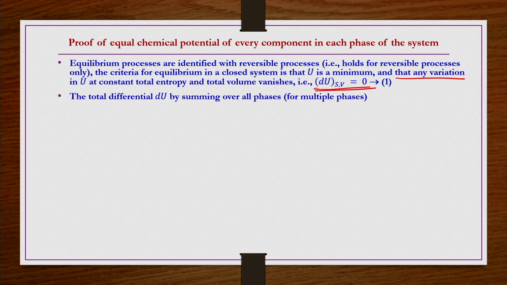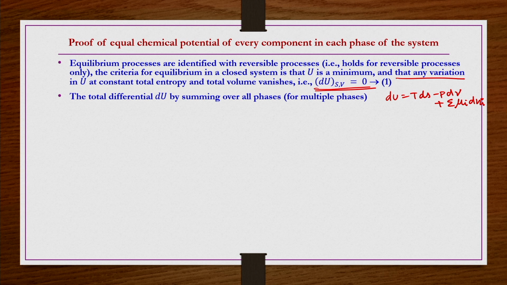The total differential dU is obtained by summing over all phases for multiple phases. Actually, for one single phase, what we have seen is dU equals T dS minus P dV plus sigma mu_i dn_i. This we derived in one of our previous lectures.